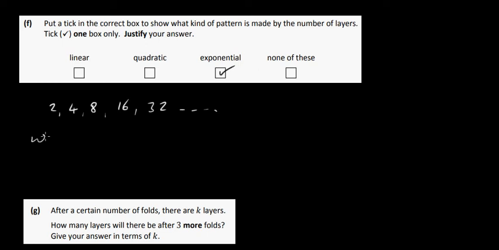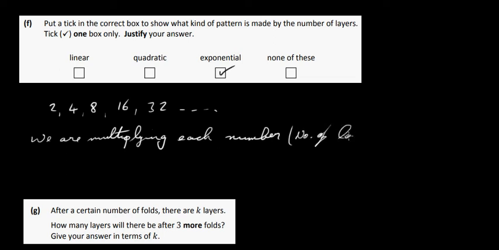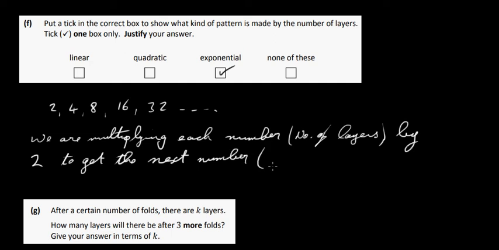And why? Well, we would say something like, we are multiplying each number, or number of layers if you like, by 2 to get the next number, or number of layers.